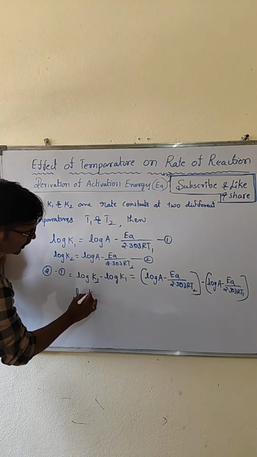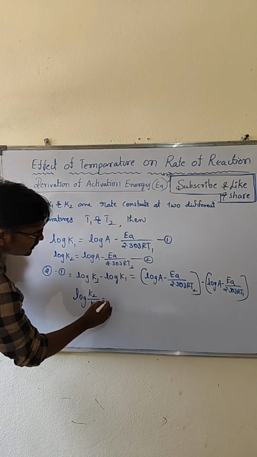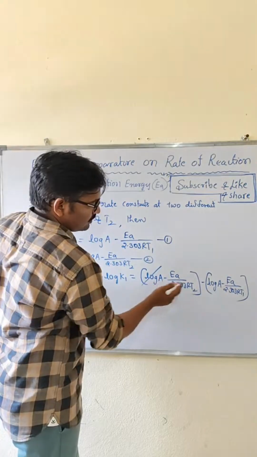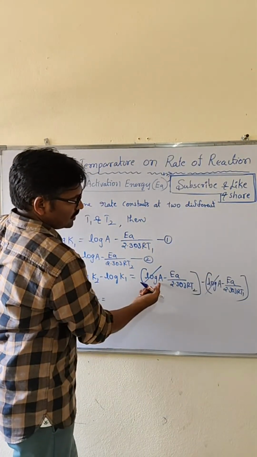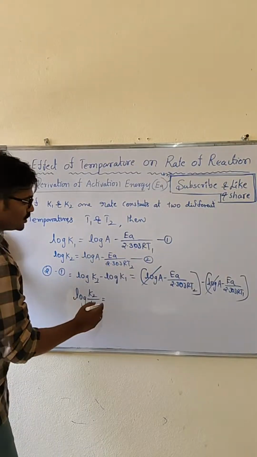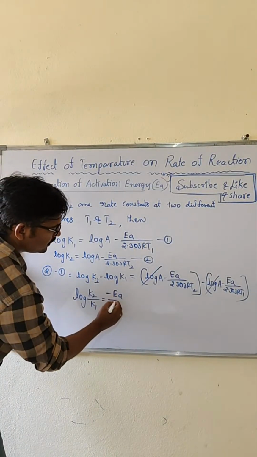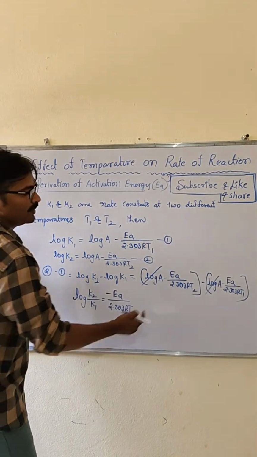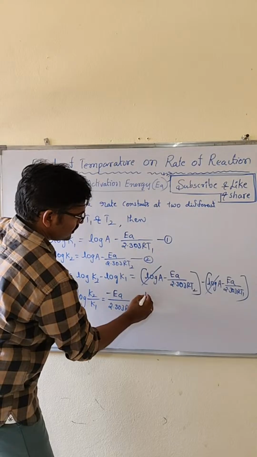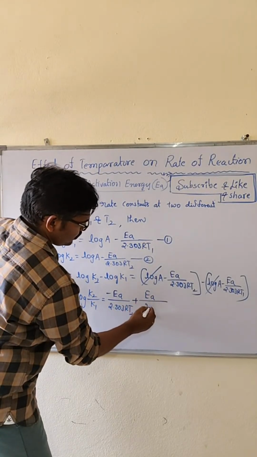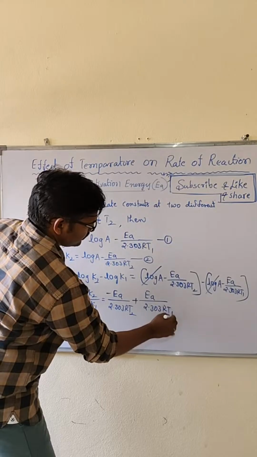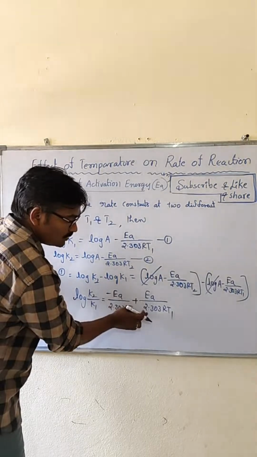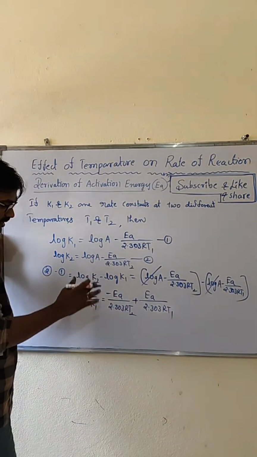Log k2 divided by k1 is equal to, when multiplied with minus, log A minus log A both cancel. Next, minus Ea divided by 2.303 R T2, then minus into minus is plus, so plus Ea divided by 2.303 R T1. In both cases Ea divided by 2.303 R is common, so we take it as common.